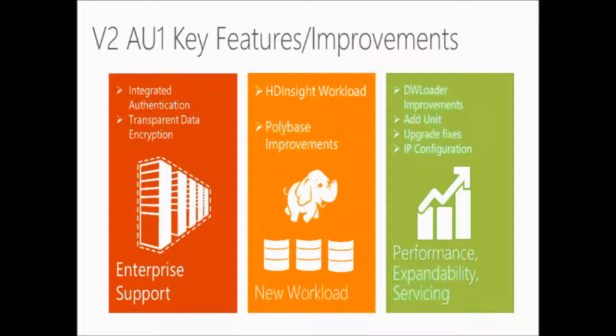We have add unit. As I said, we now have the HD Insight workload, and add unit allows us to add additional hardware and implement HD Insight on existing appliances. We also have some servicing improvements. For example, changing your IP settings within the appliance is now a more streamlined and faster implementation.